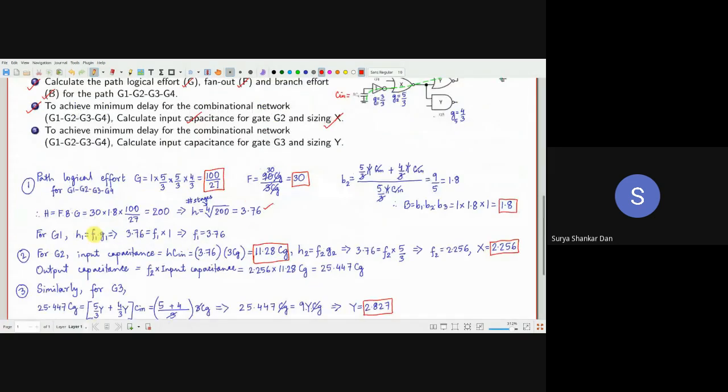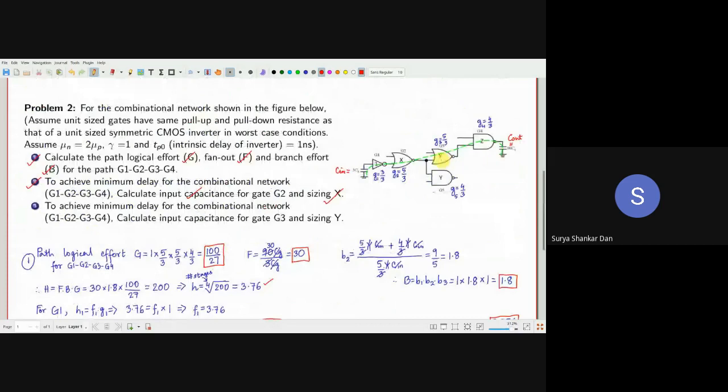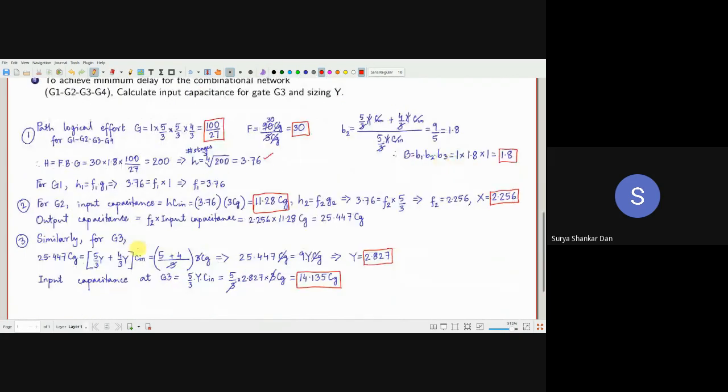And again, incidentally, luckily for us, both of them are capital Y, capital Y. In the exam, I could have given Y1, Y2. Then it would simply complicate things because you would have two different sizes here. Okay, so 5 by 3Y plus 4 by 3Y, this is your effort, multiplied by the C in. Okay, what is the C in?